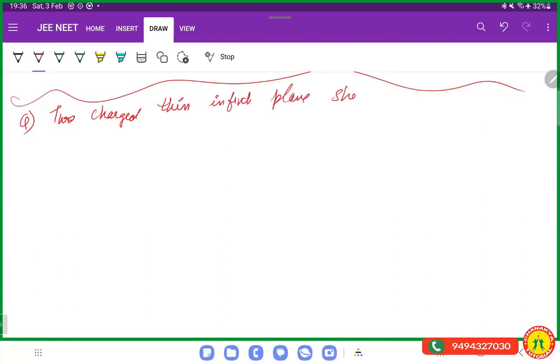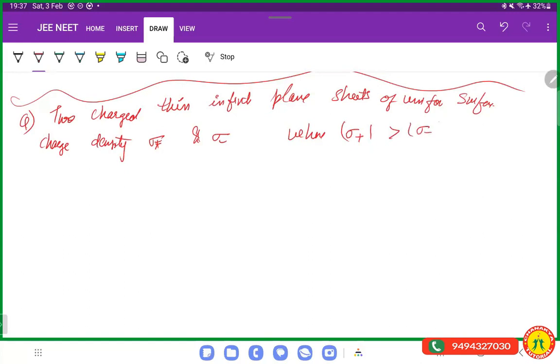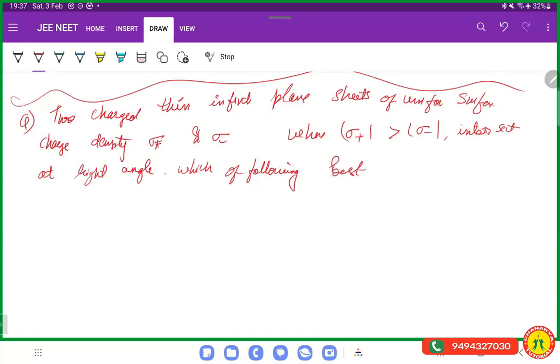Plane sheets of surface density sigma minus electric field, right?